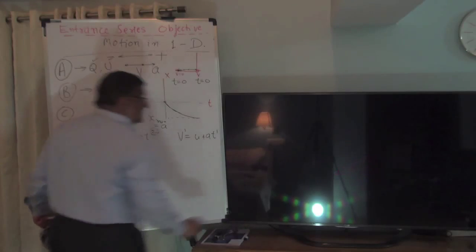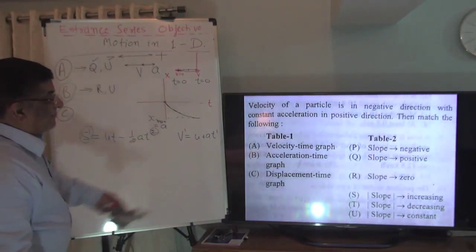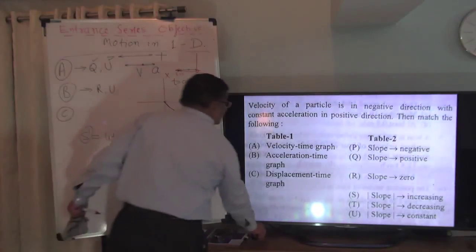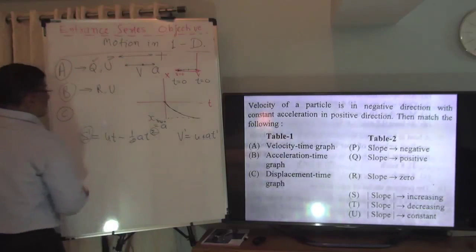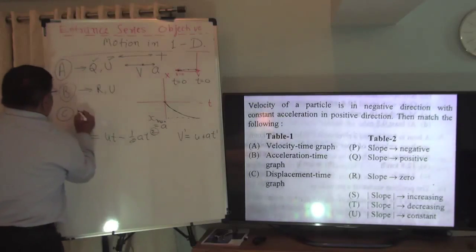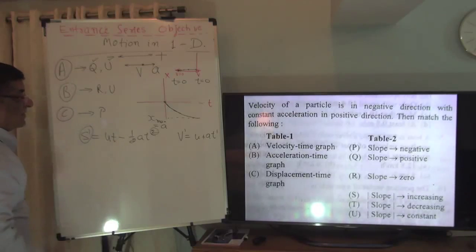But how does it make the difference? See, displacement-time graph. How is the slope? The answer is the slope is negative. So if the slope is negative, we will write C matches with P. The second thing, the slope is increasing, decreasing or constant.